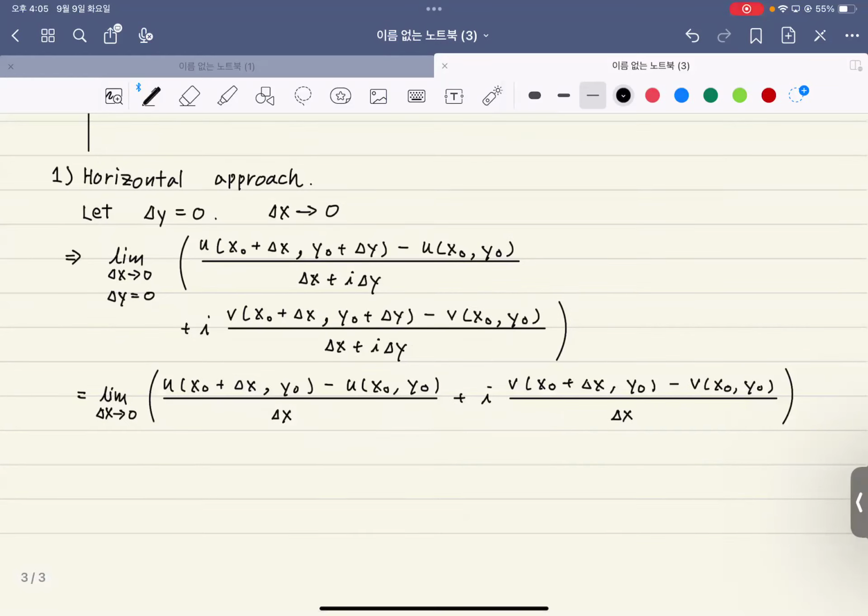Okay. Now, this expression and that expression look very familiar to me. This is precisely the definition of the partial derivative of the function with respect to x.